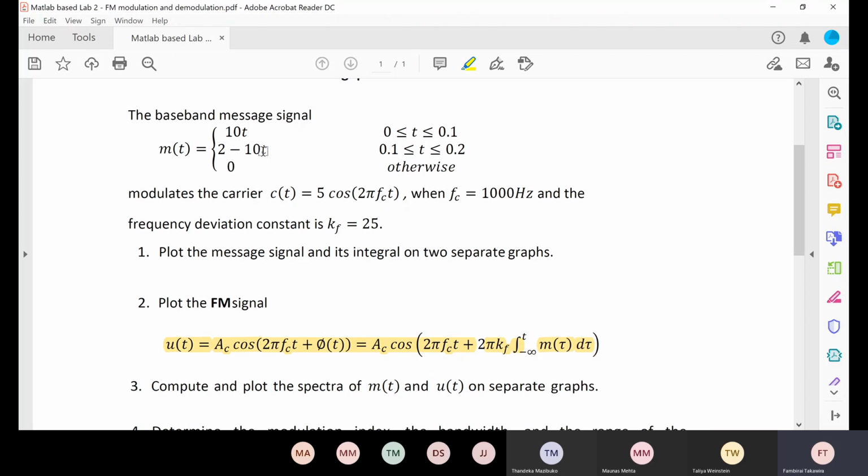Using this, it will be 2 minus 10 times 0.1, which is 1, exactly the same value that you get from the first segment. And then it decreases. Making sense? So the two limits are exactly the same. They give you the same value.